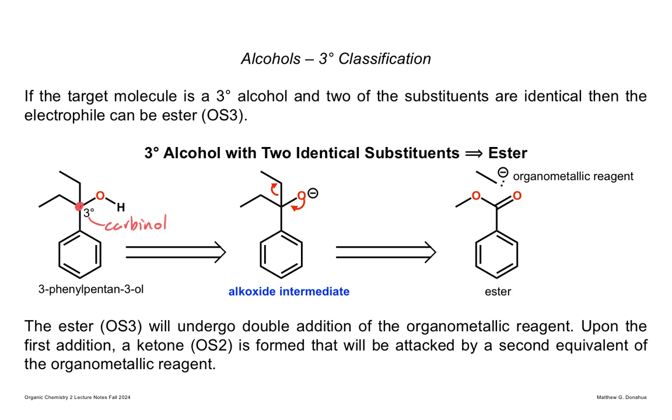And this is the special case because when you look at it, 2 of the substituents are the same. And really what that is ultimately telling us is that we can start from an ester that's at oxidation state 3, and you're adding that same reagent twice. So you're just using an excess of it.